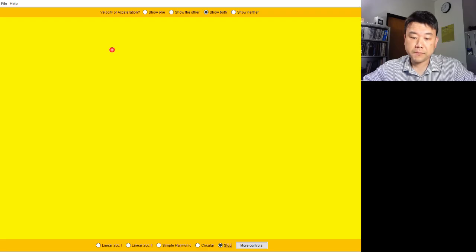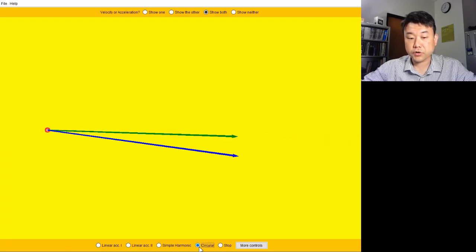Let me show what happens with linear acceleration 1 and linear acceleration 2. That seems reasonable. Okay, if this makes sense, then let's now see what the velocities and accelerations look like in circular motion.